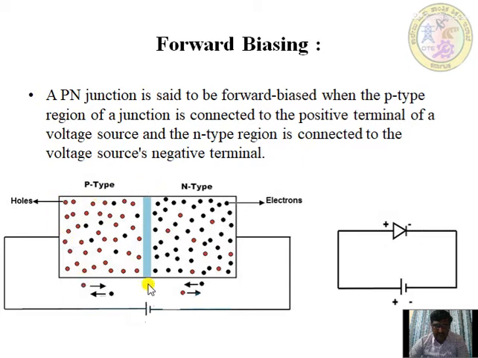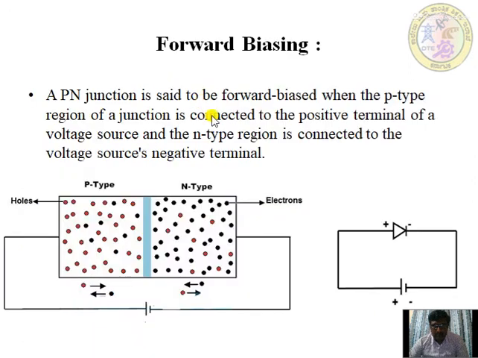Here this is the P-type and this is the N-type, and we already know that in P-type holes are the majority carriers and in N-type electrons are the majority carriers. In this one electrons are the minority carriers and in that one holes are the minority carriers. The positive terminal is connected to the P-type and the negative terminal is connected to the N-type. This is the symbolic structure.